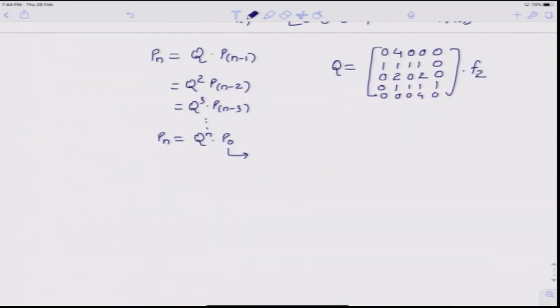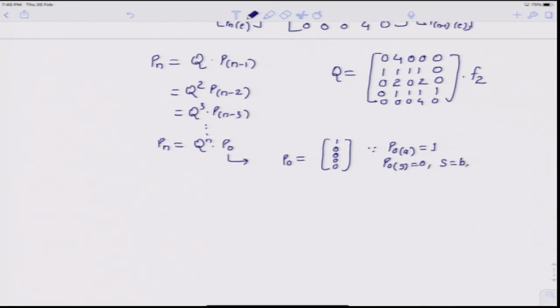So, we can write this matrix P0 as simply 1 0 0 0 0. This is because P0 of A we know is 1, whereas P0 of all other sites is 0. P0 of S is equal to 0 for S equal to B, C, D and E.